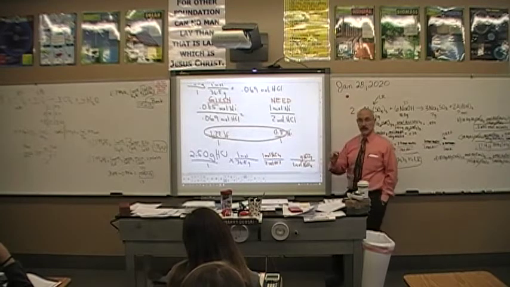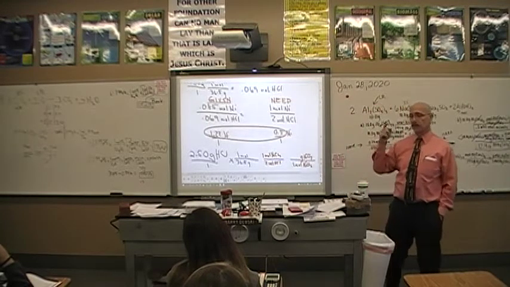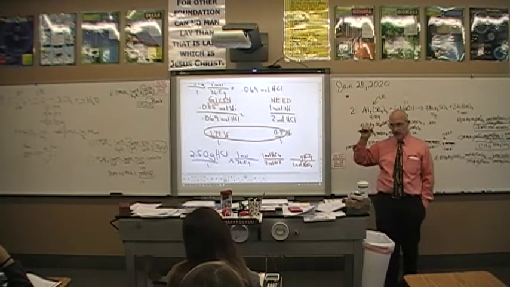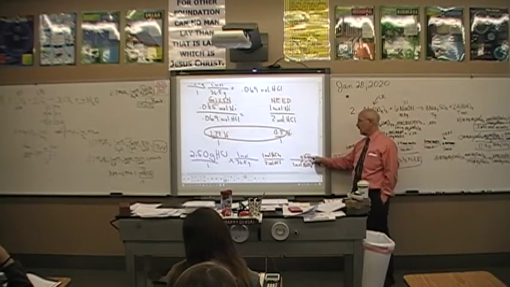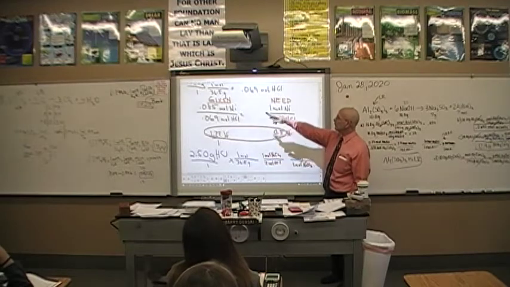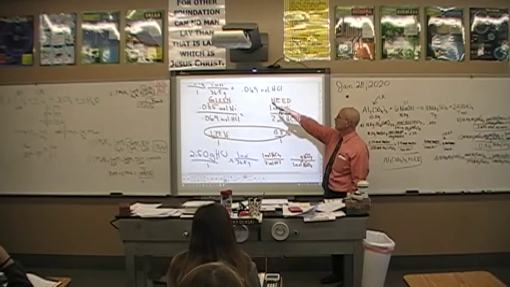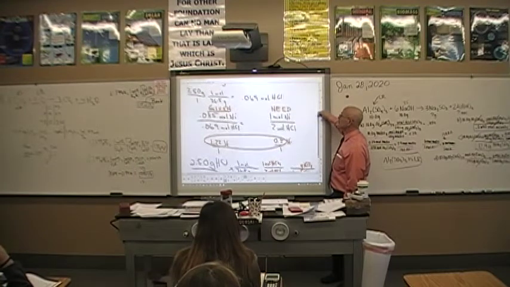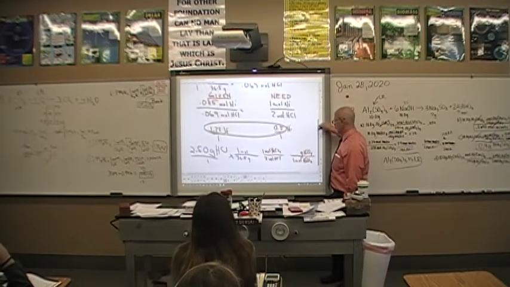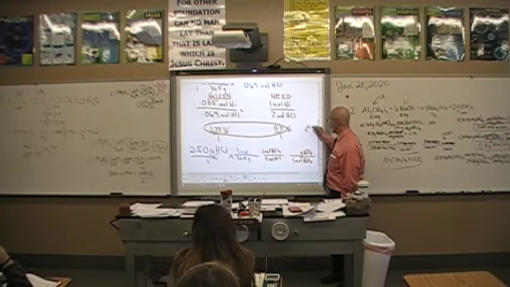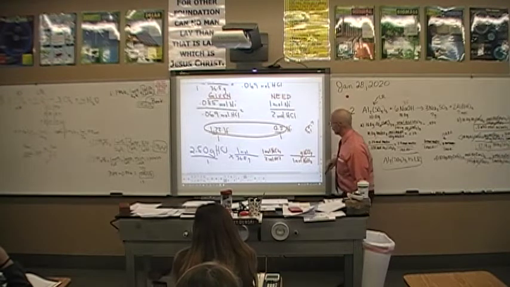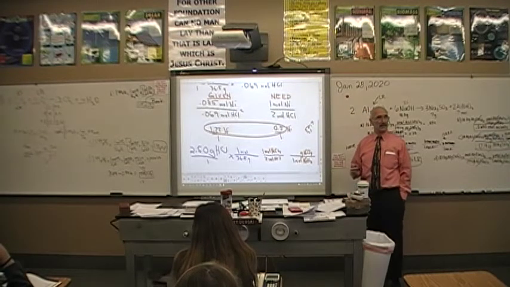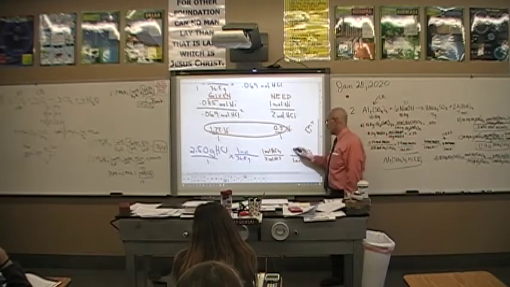Now for NiCl2, I need 2 chlorines, that's 35.5 times 2, 71. And 1 nickel, which I already wrote down up there, was 58.7 plus 71, 129.7 or something like that. Okay.